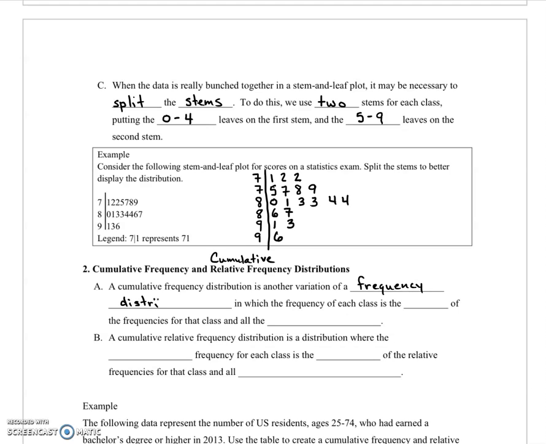In this type of distribution, the frequency of each class is the sum of the frequencies for that class and all the previous classes.